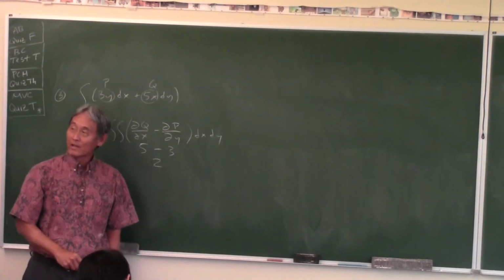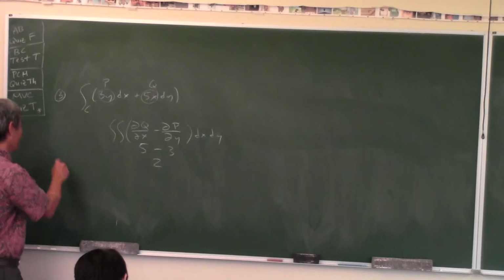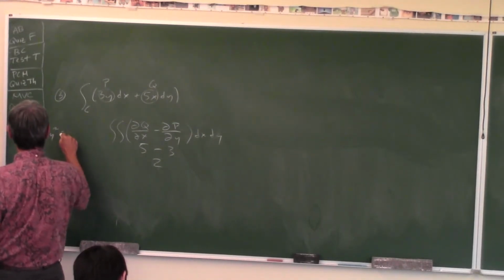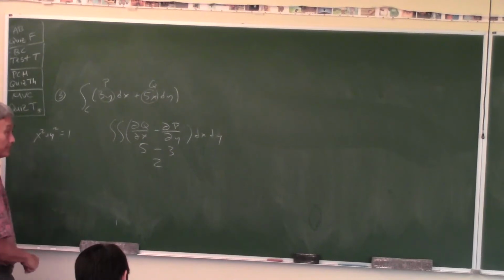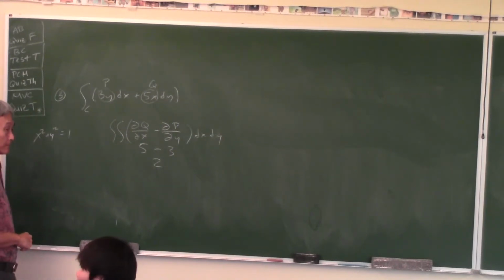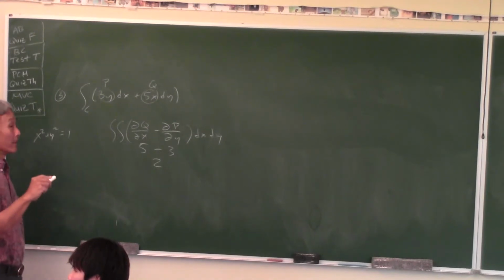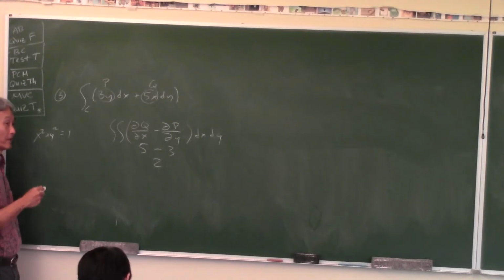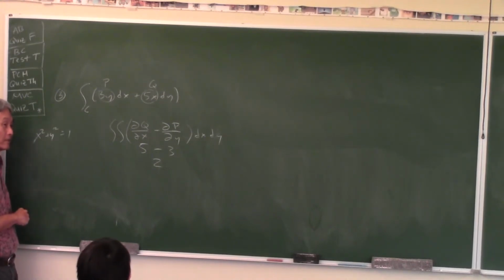So if we integrate this over the circle, x squared plus y squared equals 1. Isn't the integral of work on a closed surface 0? Not all the time, only if the force vector is a gradient. Remember? It's not a gradient.